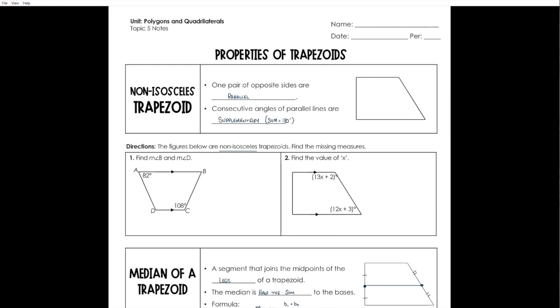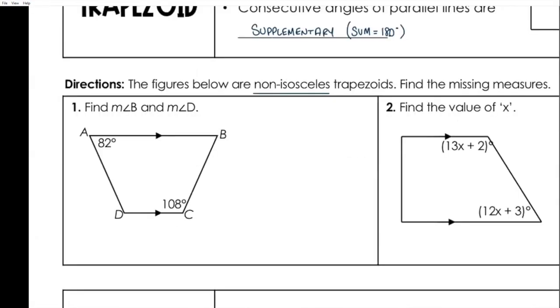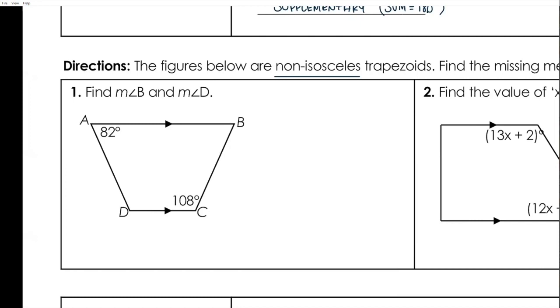Since that one pair of opposite sides are parallel, our consecutive angles that are along the parallel lines are still going to be supplementary because it's following our same side interior rule. So when we look at number one, we can find D and B using our supplementary relationship.